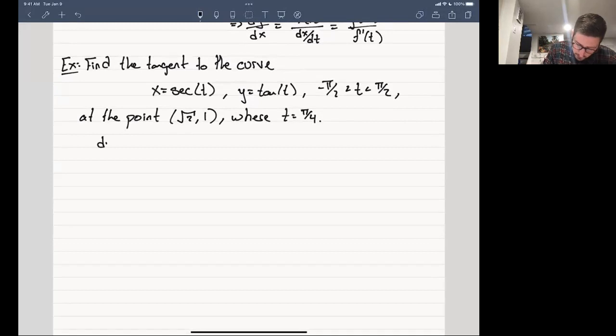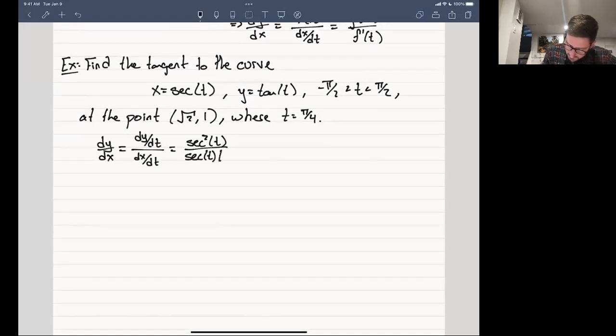From our formula above, dy dx is the derivative of y with respect to t divided by the derivative of x with respect to t. In this case, we get the derivative of tan, which is secant squared of t, divided by the derivative of secant, which is secant of t times tan of t.